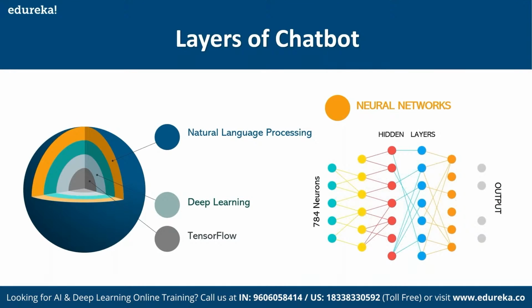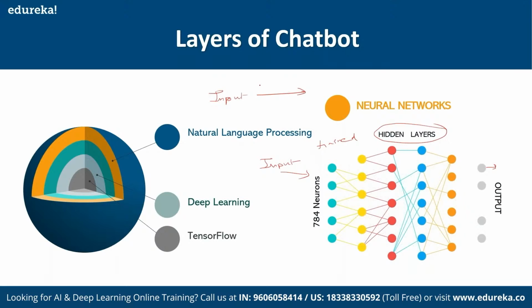So the next part of it is neural networks. How many of you know neural networks? Basically in a neural network, you have an input layer, okay? You have a hidden layer and you have an output layer, okay? A neural network needs to be trained so that given an input, right?